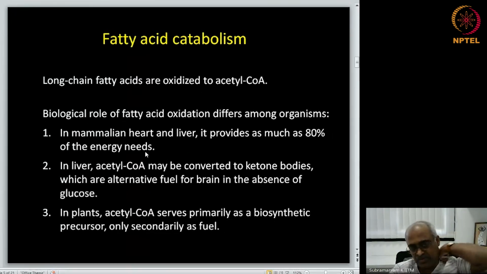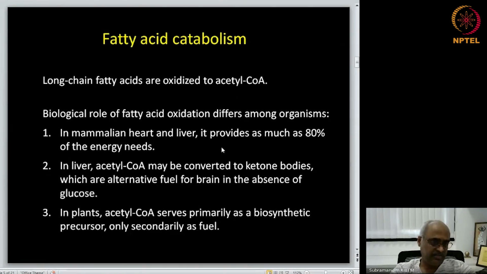Bulk of it coming from carbohydrate is what is really good for the overall well-being, because fatty acid storage and mobilizing, metabolizing can have unnecessary unhealthy consequences. But these tissues can handle as much as 80% requirement from fatty acids alone. That's one. Energy here meaning acetyl-CoA getting oxidized to carbon dioxide.